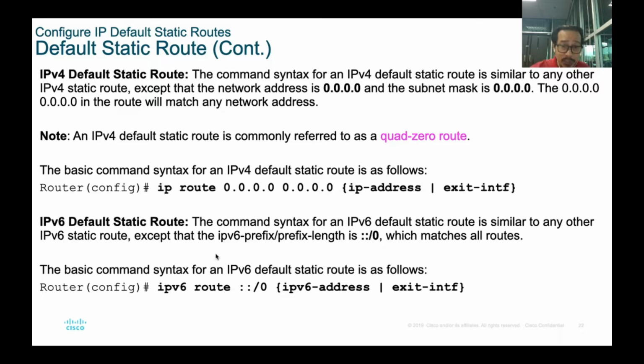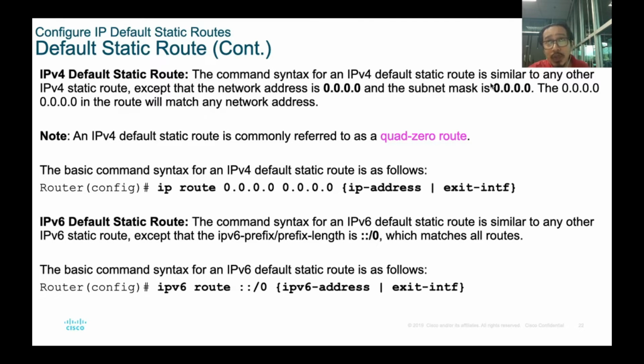Same for IPv6. For IPv6, the network ID and prefix will be represented as double colon /0. By /0, it means there are 0 bits you need to match, so there is no need to match any bit. Same for the subnet mask. You see here, no bit has been turned to 1.